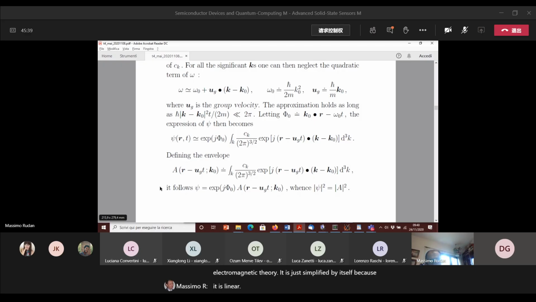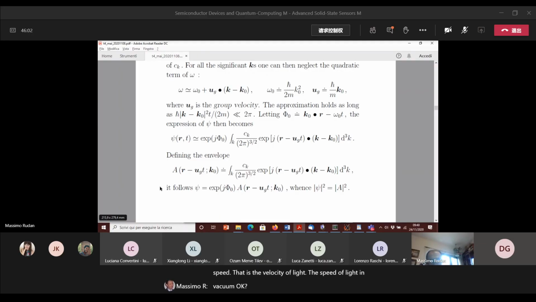So a wave packet constructed using electromagnetic waves propagates in vacuum without any deformation forever, because each monochromatic component propagates with the same speed, that is the speed of light in vacuum. Okay.